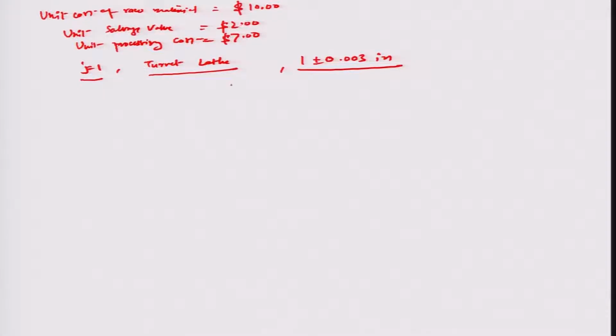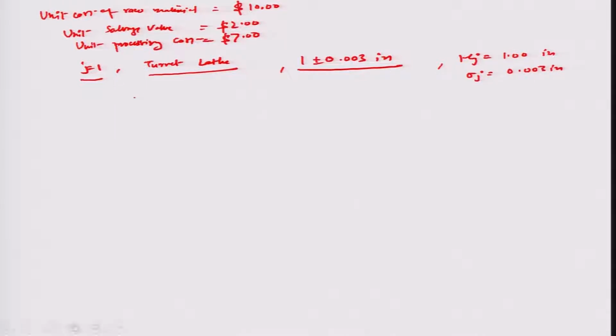So, in this example, as you have already seen, the mu j value found out by the manufacturing engineering for the turret lathe happens to be about 1.00 inches, and the sigma j value of the turret lathe happens to be 0.003 inches.